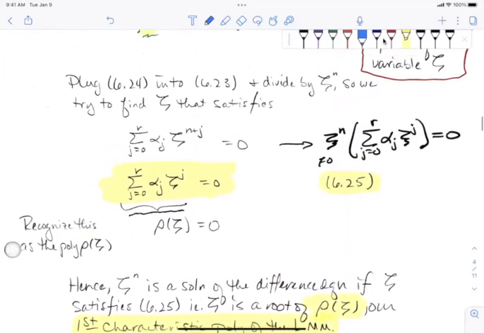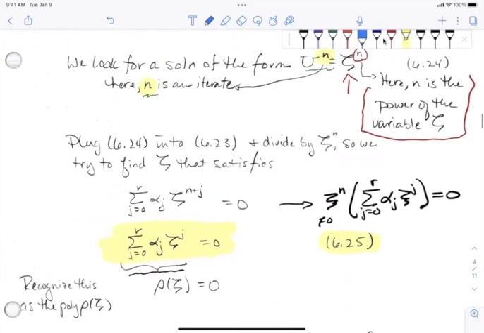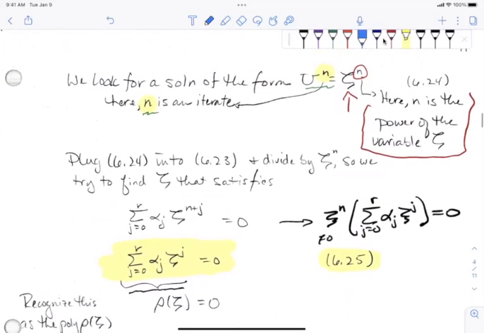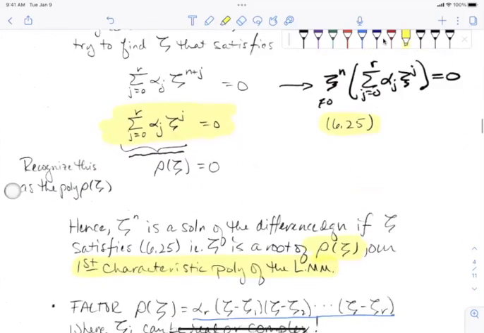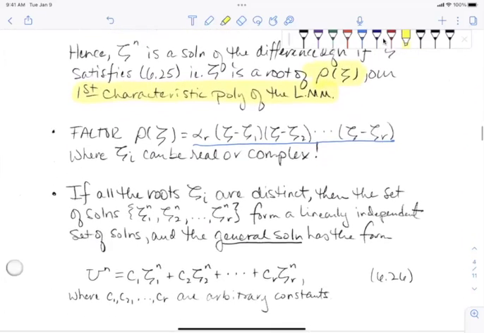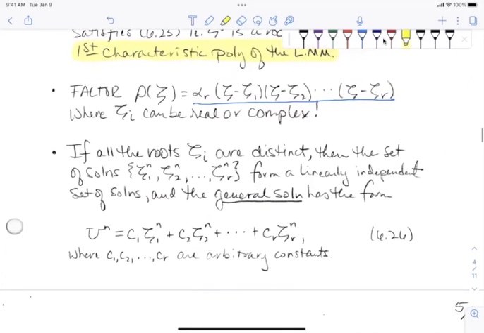Likewise, what that means is for each one of those roots, this corresponds to a zeta sub i raised to the nth power. That becomes a solution to my difference equation. All right, so there is a correspondence here.